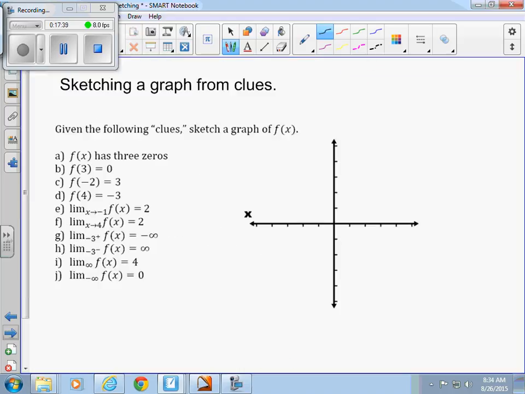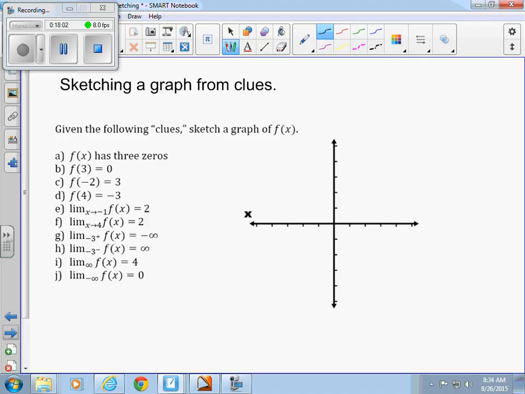One of the things that AP will make you do a lot is pick out a graph from some information. And so we're going to practice drawing graphs given some clues. I will tell you that on these problems, there is no one single right graph.